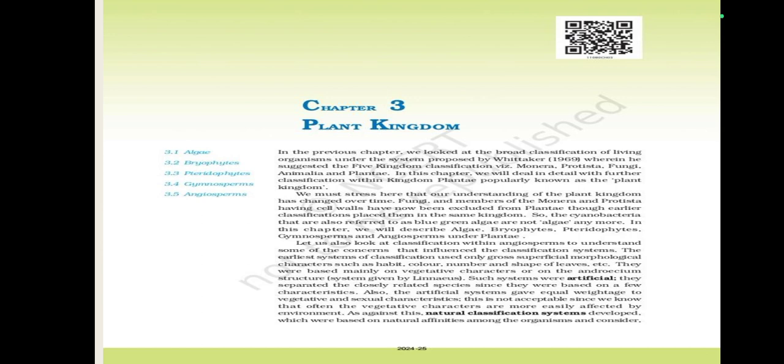Let us also look at the classification within angiosperms to understand some of the concerns that influenced the classification systems. The earliest systems of classification used only gross superficial morphological characters such as habit, habitat, the color, number, and shapes of leaves, etc. They were based mainly on vegetative characters or on the androecium structure, systems given by Linnaeus.